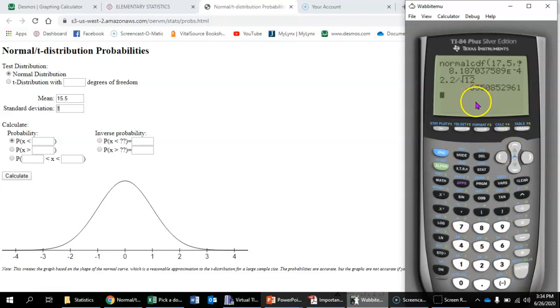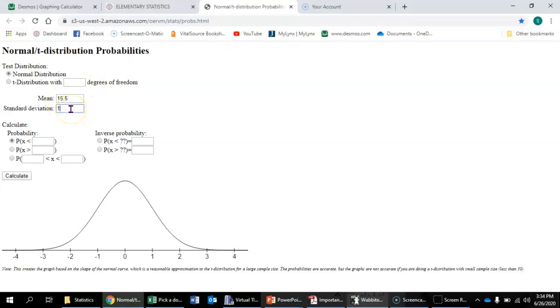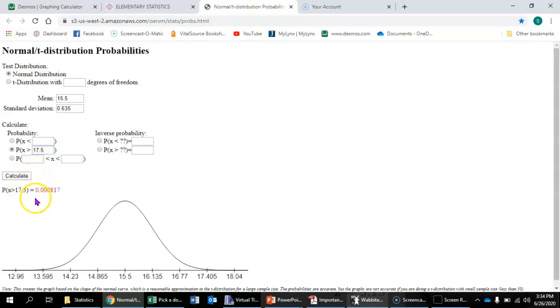So it's about 0.635. And then we want the probability of x being greater than 17.5. So select that, put in the number 17.5, hit calculate, and it does show up in red there as 0.0008.